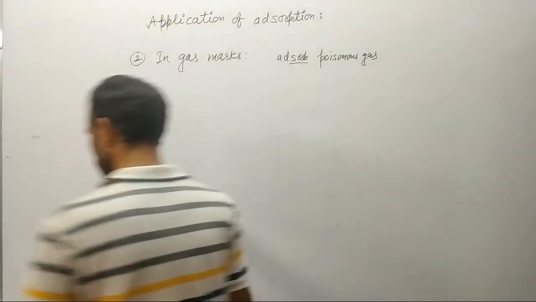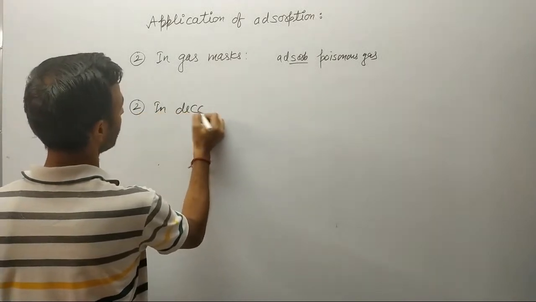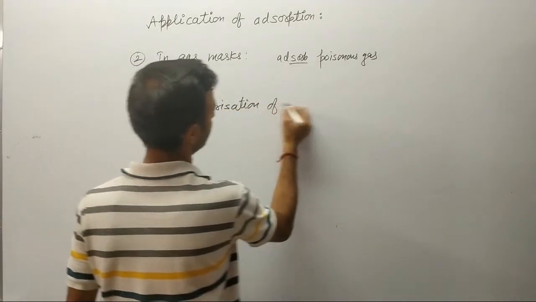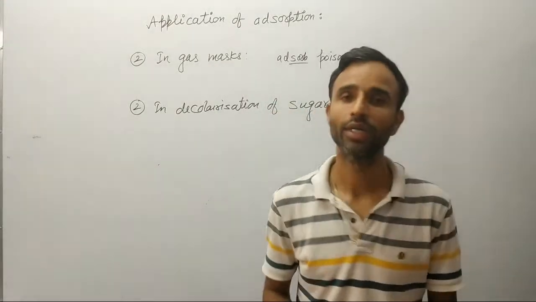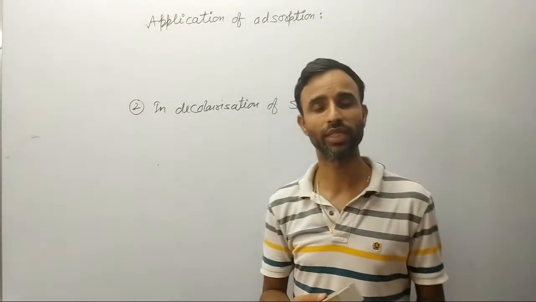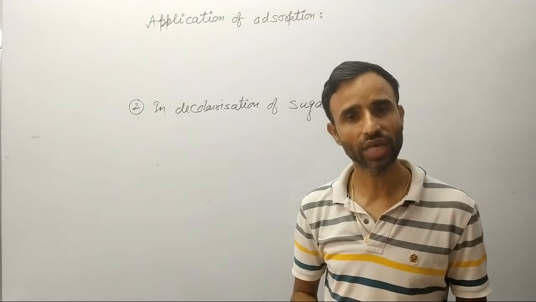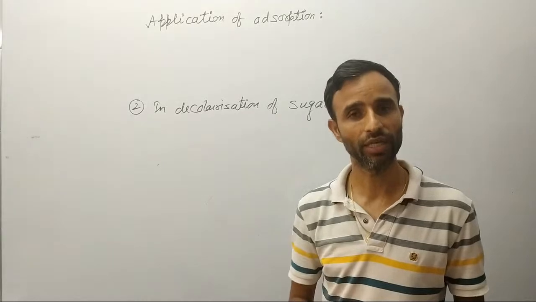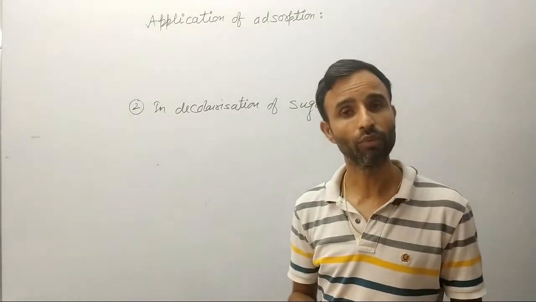Okay, the third one is decolorization of sugar. In sugar there is a brownish or yellowish material inside. To remove that colored material and get white sugar, what do we do?